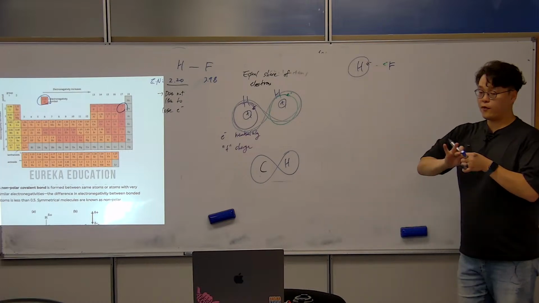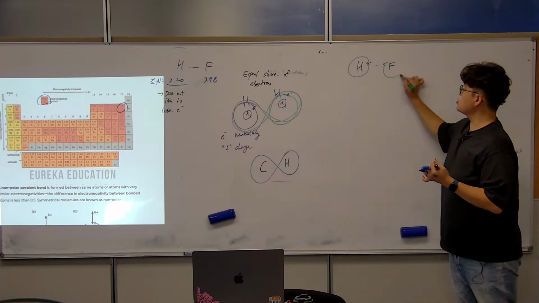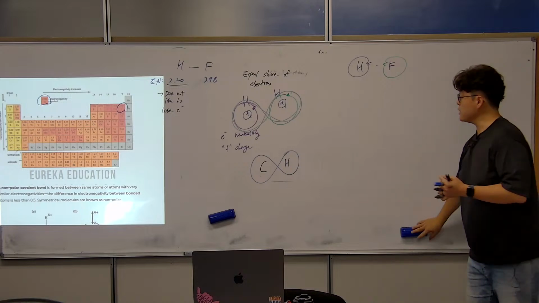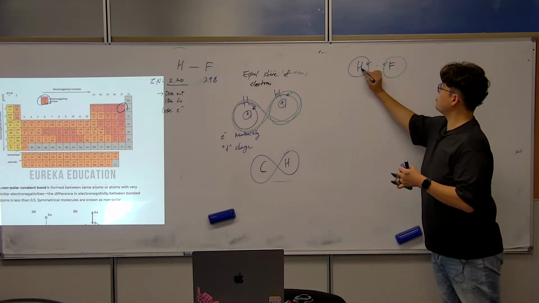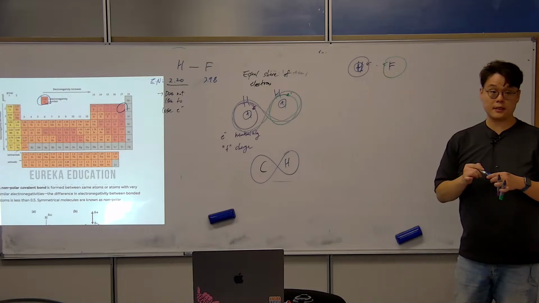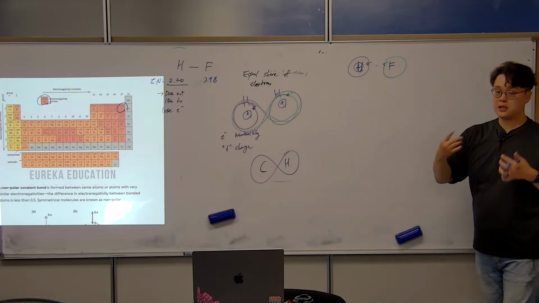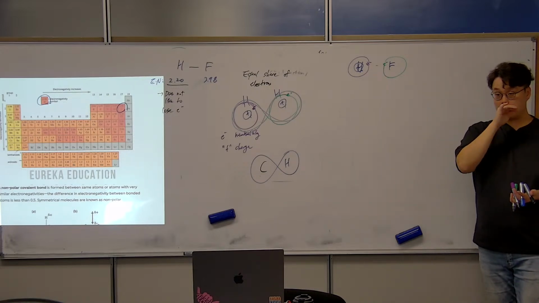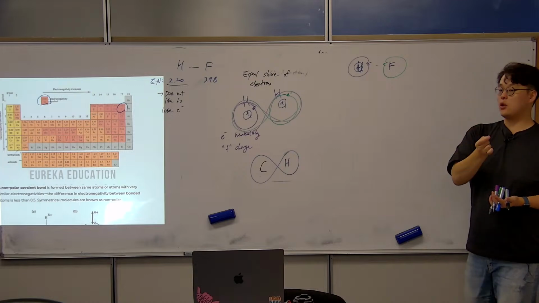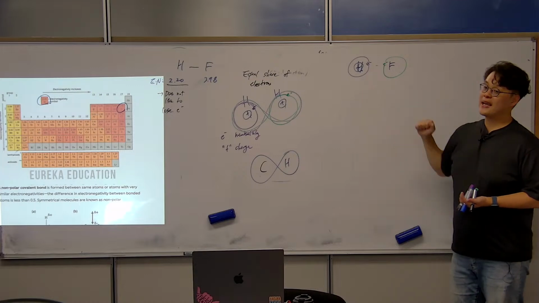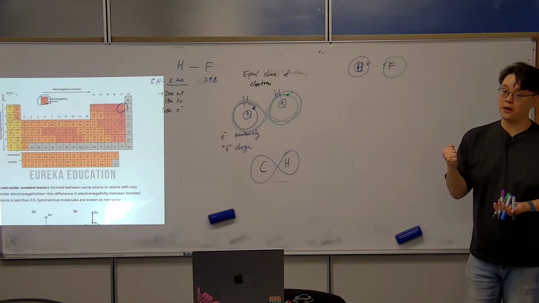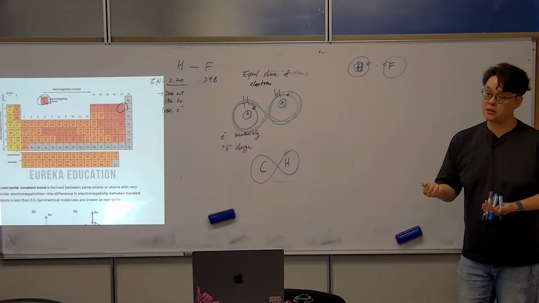Before forming the covalent bonding, these used to be hanging around. So instead of drawing the hydrogen, I will just draw the proton inside here like this. It's the same thing. Before they form bonding, yes, they equally share the electrons. Good. Now, let's see what happens between these two when they decide to form a covalent bonding, or when they decide to share the electrons.